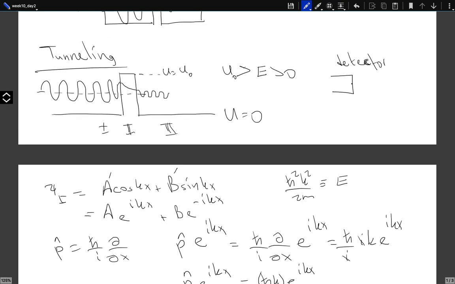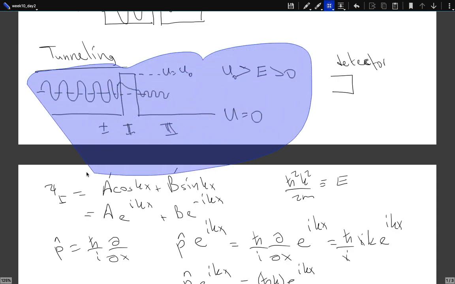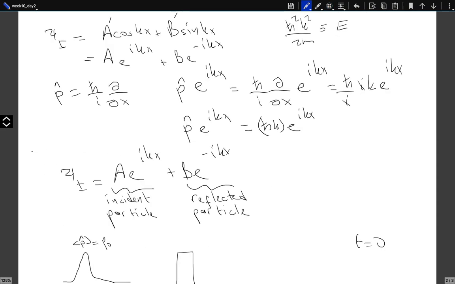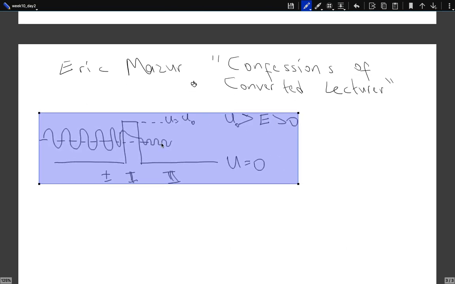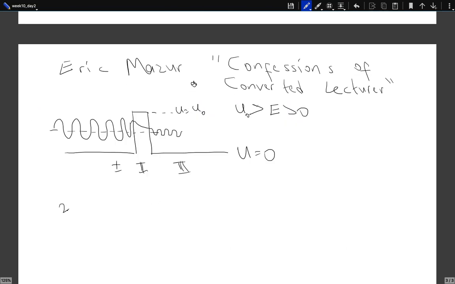Now let's look at region 3. Psi 3. Well, in region 3, again, the potential is 0.